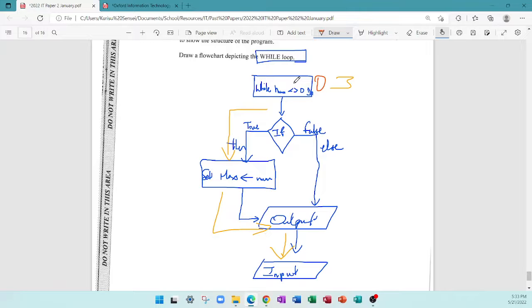While it is not equal to 0, nothing's going to happen, sir, because they can't even go in. 0 is not equal to 0.